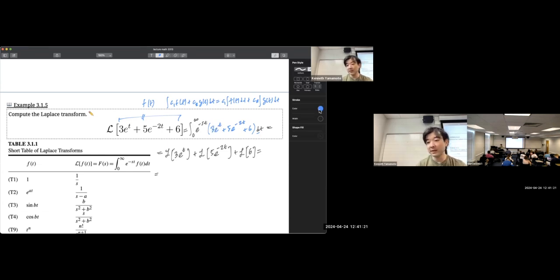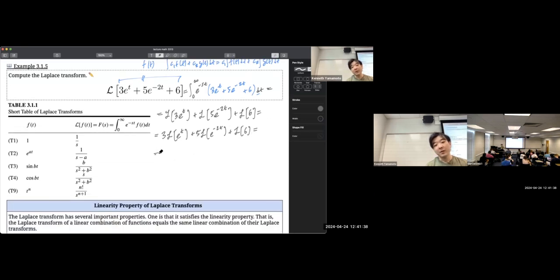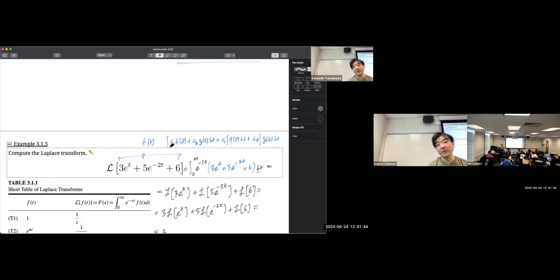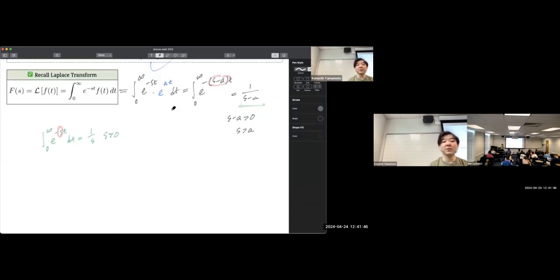So that means that this is equivalent to 3 times the Laplace transform of e to the t plus 5 times the Laplace transform of e to the negative 2t plus the Laplace transform of 6. Okay, we just did the Laplace transform of e to the t. In a way, we did it before for a more general case.